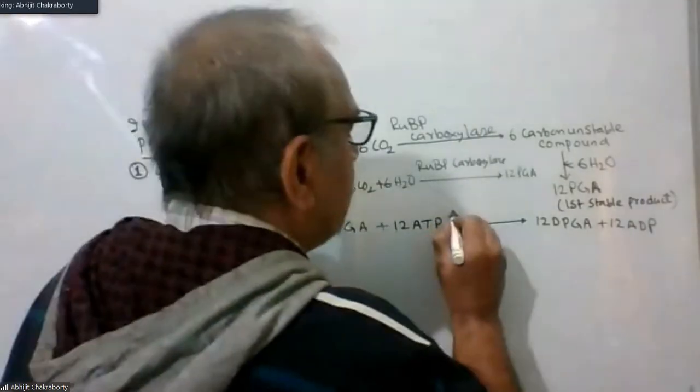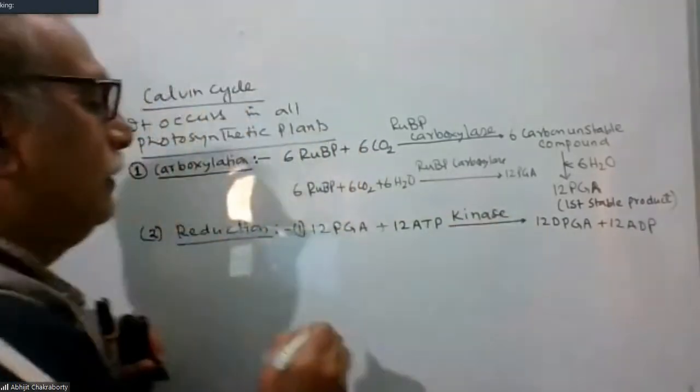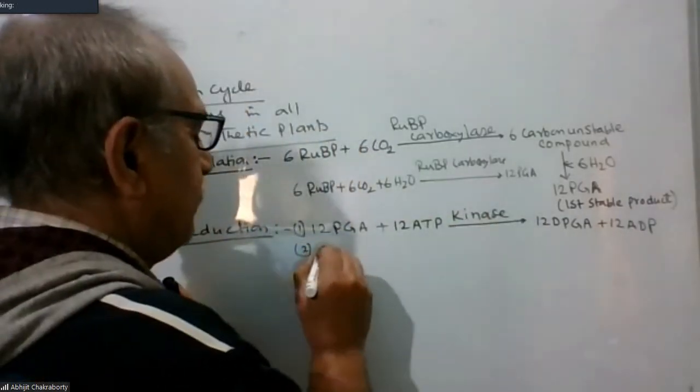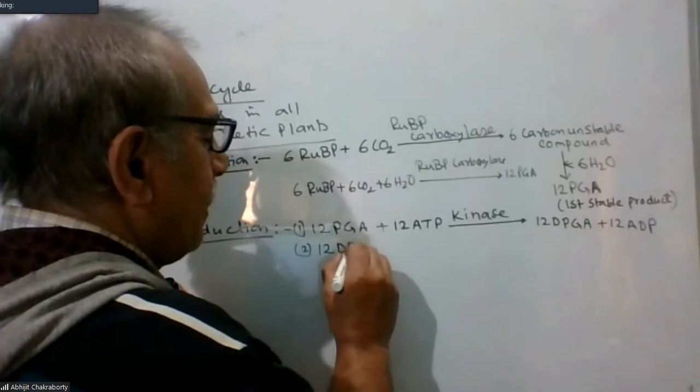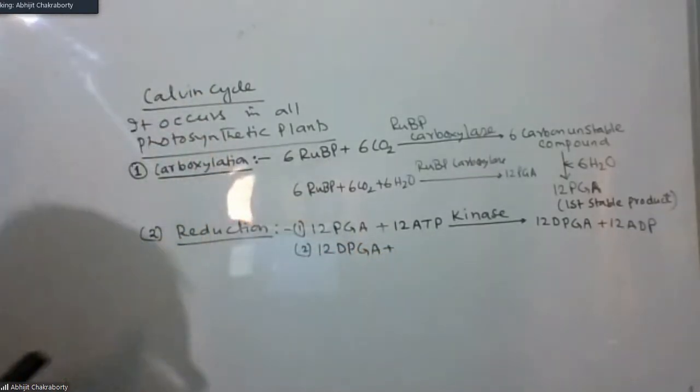The enzyme involved is kinase. Next, 12 DPGA is formed.